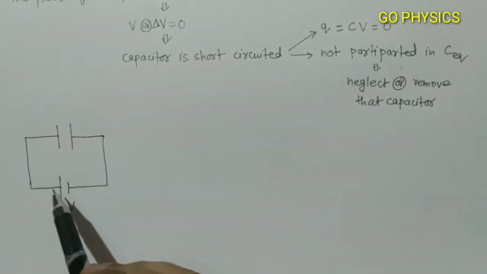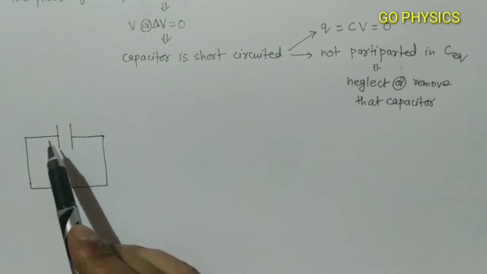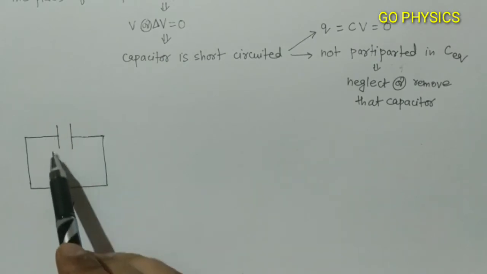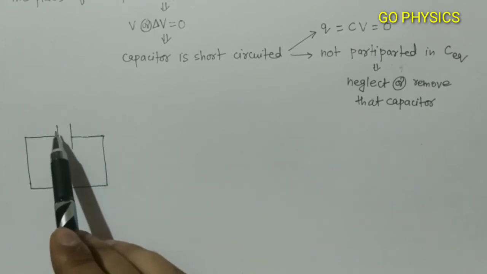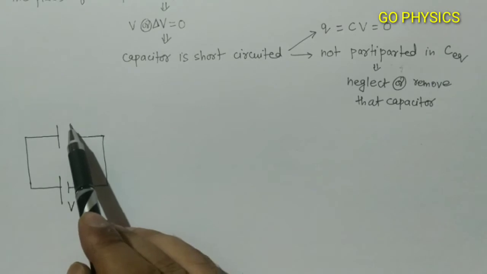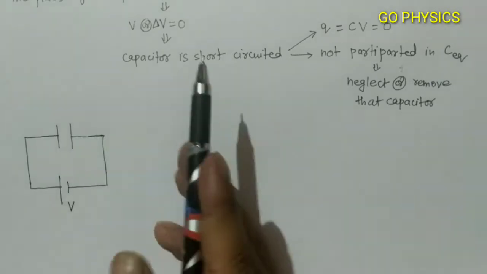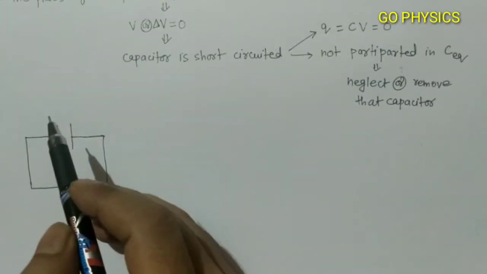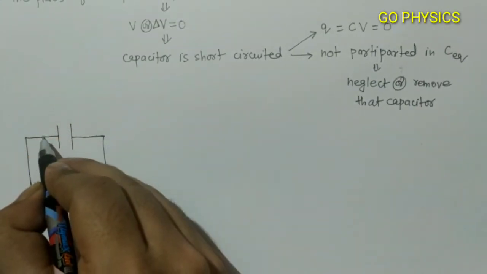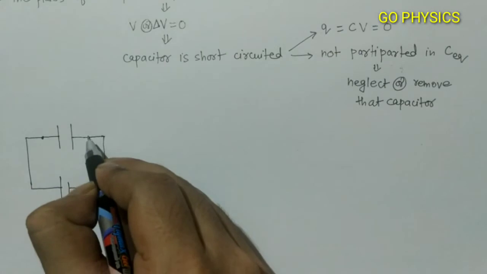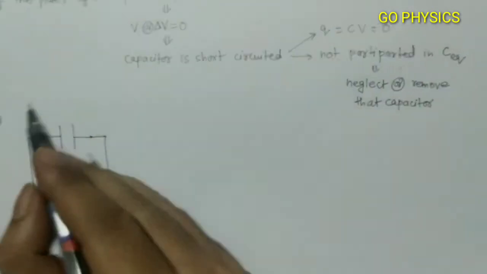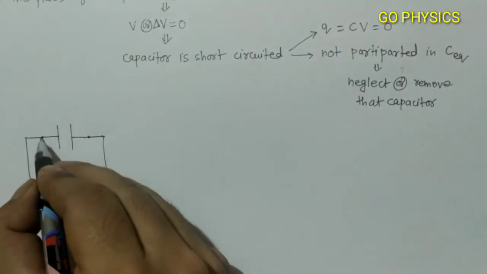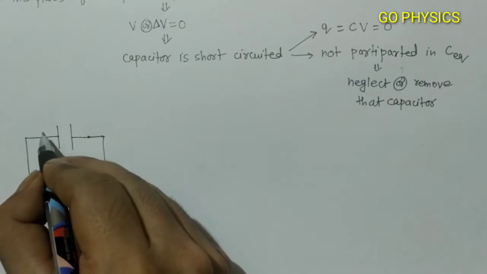So in this case, when steady state is reached, the charge on the plate of the capacitor will be Q equal to CV. On this plate the charge will be CV, and on this plate the charge will be minus CV. But now what we are doing is connecting a wire like this.